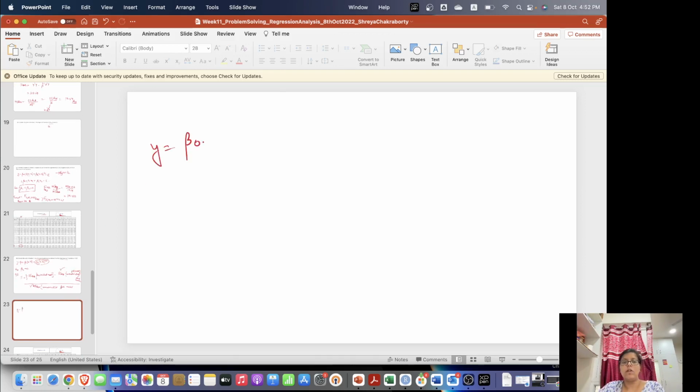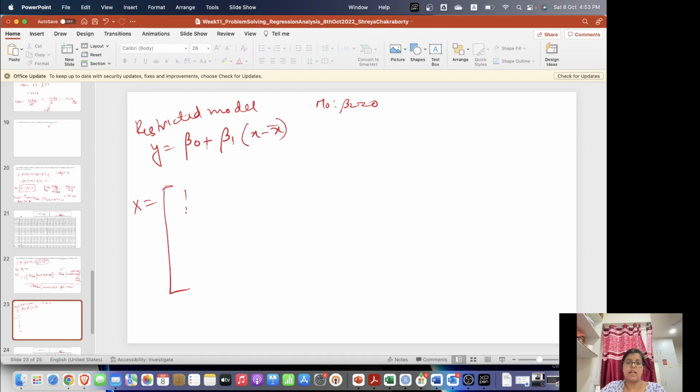The restricted model is nothing but this one, because we have set beta 2 equal to 0, so we will not have that term. So this is the restricted model. Similarly, we would have the X matrix like this one, and without the third column we would have our model matrix.